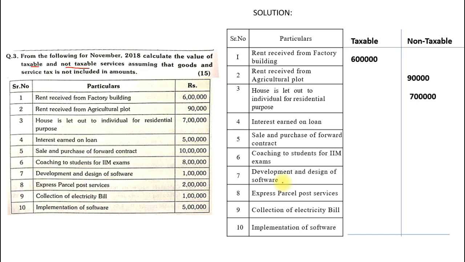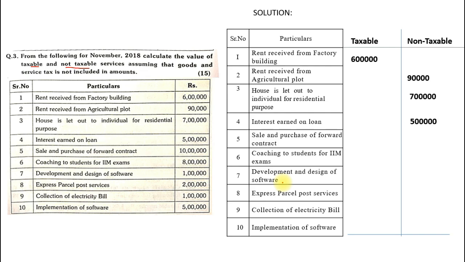Interest earned on loan. Banking service: always remember, the services they provide are things like debit card and credit card, and on that GST is applicable, but whatever extra you are getting, on that there will never be any GST. So interest earned on loan will not fetch any GST.